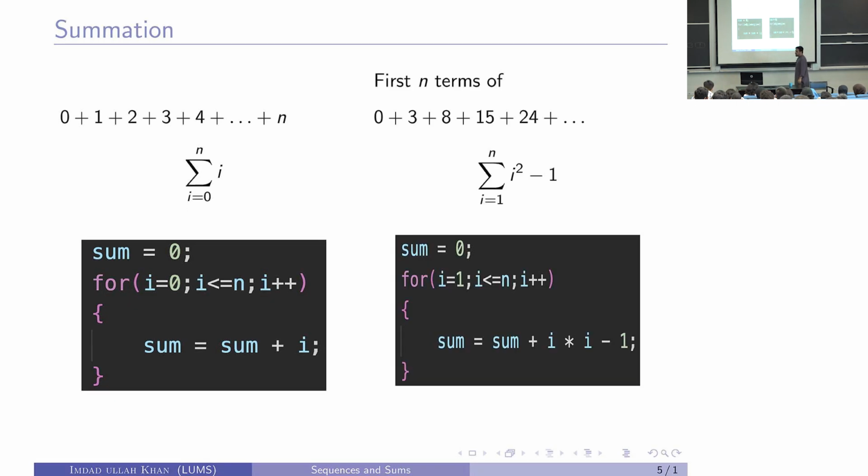Okay. How would you describe this? The first n terms of 0 plus 3 plus 8 plus 15 plus 24. What is 3, 8, 15, 24? That was the squares minus 1, right. 2 squared minus 1 is 3, 3 squared minus 1 is 8, 4 squared minus 1 is 15, 5 squared minus 1 is 24, and so on.